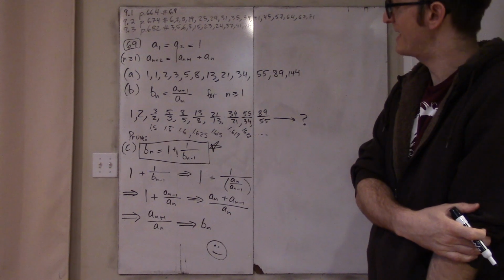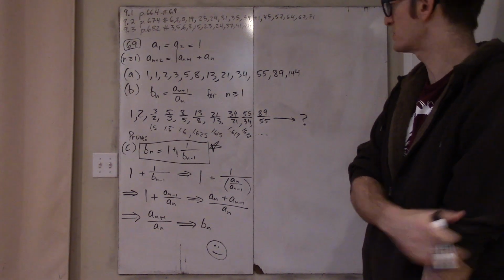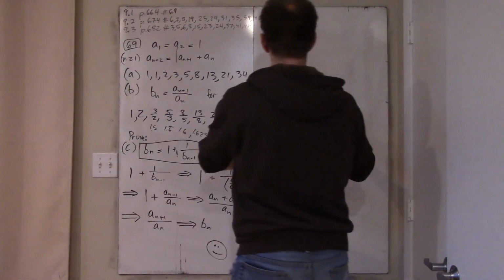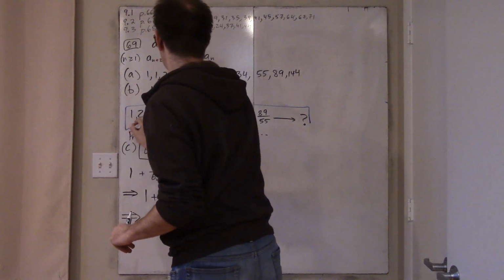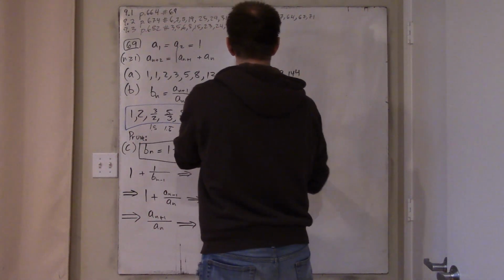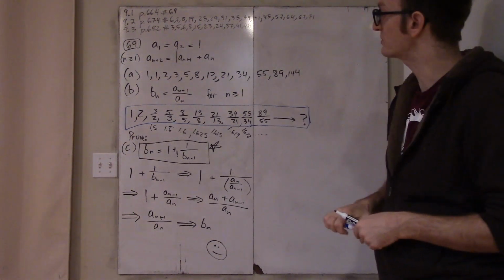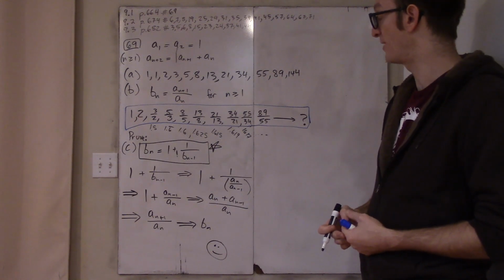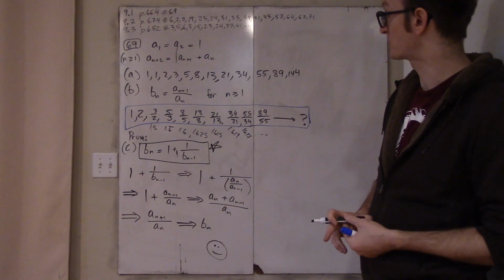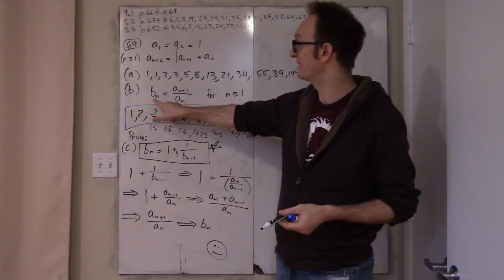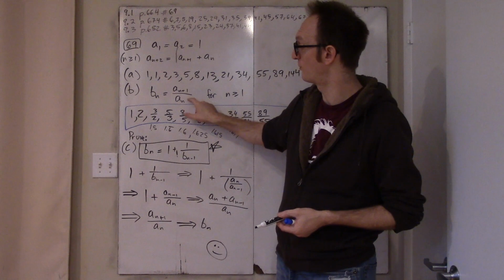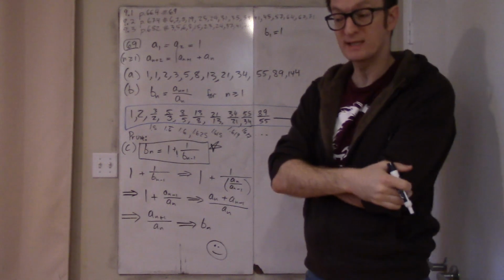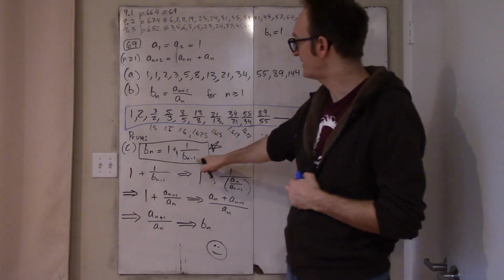It tells me that if this b sequence was really important to you for some reason, then instead of computing it as the ratio of terms of the Fibonacci sequence, you could crank out the terms of the b sequence by simply starting with the first term, which is just 1 after all, because b sub 1 is a2 over a1, which is just 1.